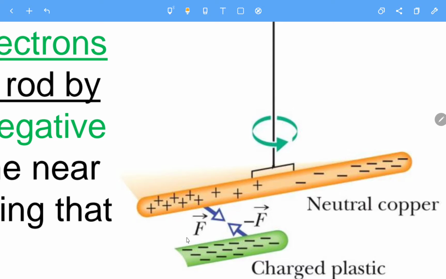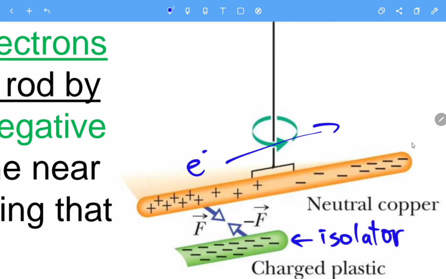This plastic rod is an insulator, so the charge here cannot move or go away. But the copper is a conductor, so the electrons will be repelled by this charged plastic rod and go to the other side.